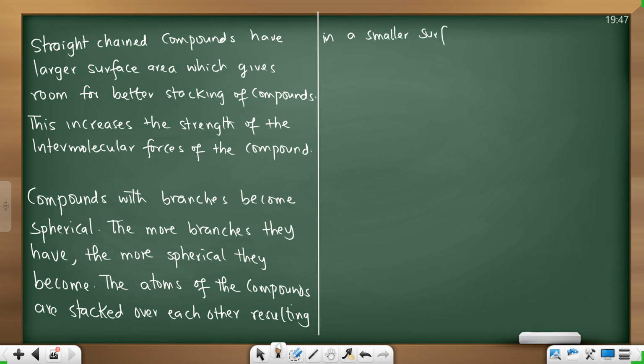I want to give you a detailed note. And what? Weaker intermolecular force.